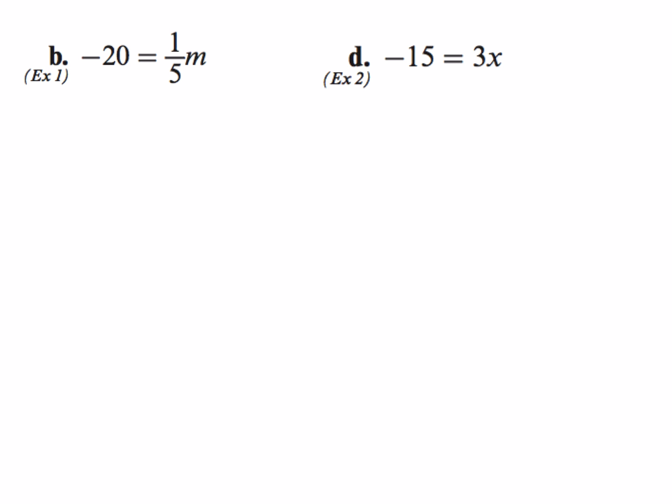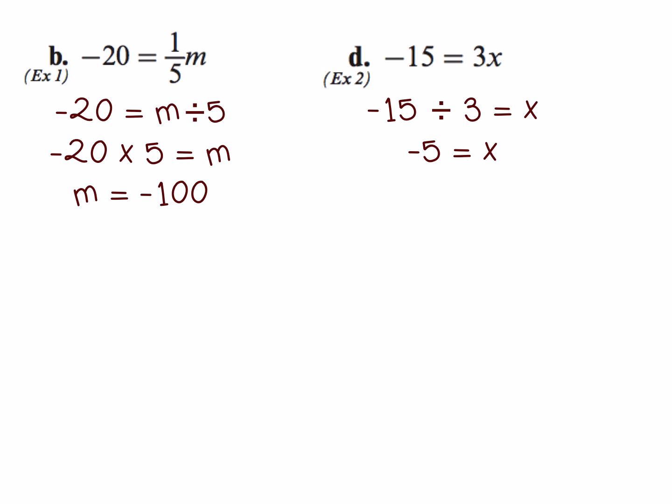There were some equations that you were supposed to solve for homework. So let's check if the fact family approach would give us the same solution as the strategy you may have used. For example B, I'm going to rewrite it as a division equation. Negative 20 equals m divided by 5.